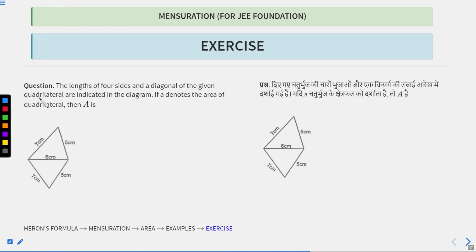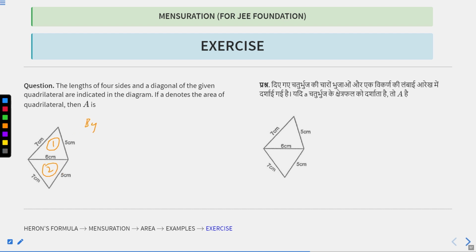Now let's move on. The lengths of 4 sides and a diagonal of the given quadrilateral are identical in the diagram. If A denotes the area of the quadrilateral, then A is? So we have to find the area of the whole quadrilateral. My quadrilateral is divided into 2 triangles, first this one, second this one.